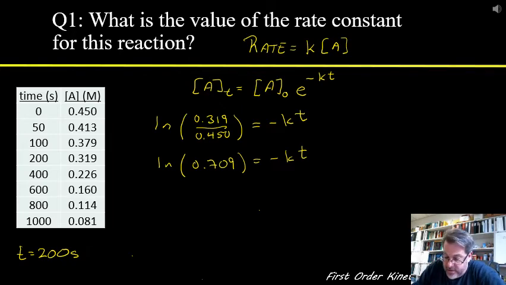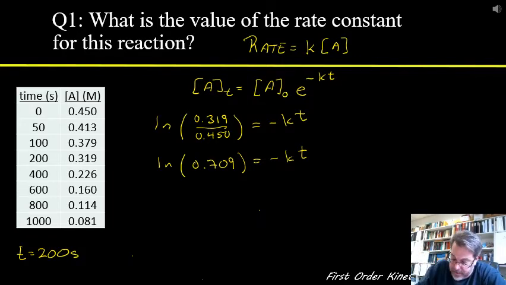Let's solve the left-hand side using the calculator and get the log of 0.709. Since this is a number less than 1, the natural log is going to be negative, right? And that makes sense because on the right-hand side we've got a negative, and we want the negative on the left to cancel out the negative on the right, because both the rate constant and the time have to be positive. So we need those negatives to cancel.